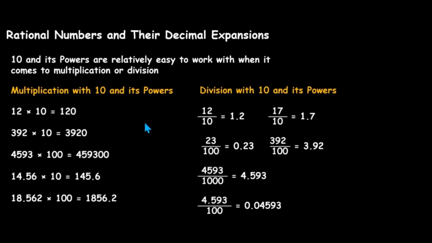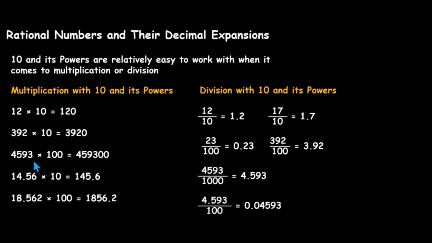So let's try to quickly summarize what we have discussed so far. If an integer is getting multiplied by 10, we put the number as it is and add 0 to the end of the number, because 10 has only 1 zero.